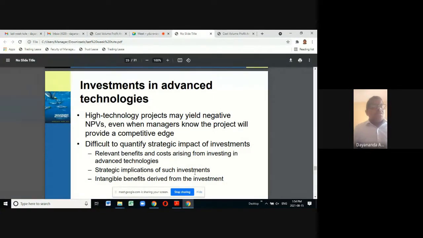Strategic implications for such investment: maybe because of competition, due to these high technology oriented projects you may be in a position to create a good image, so you may attract customers for your other businesses as well, and you are better off as a group.